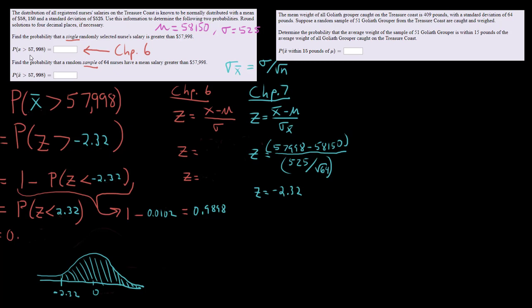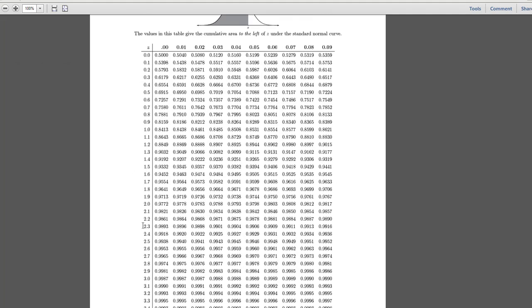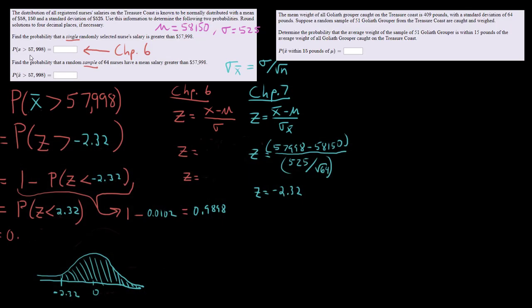Now, we can get the exact same answer by looking up the opposite of negative 2.32, which is positive 2.32. Let's do that really fast. If we look up positive 2.32, yep, there we go, 0.9898, precisely the exact same solution. Again, why is that true? That's true because of symmetry.